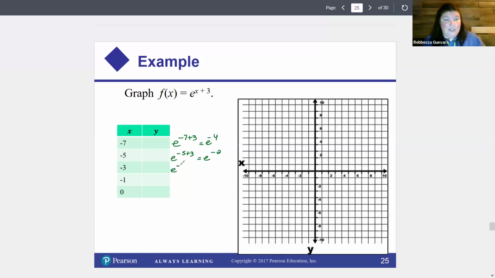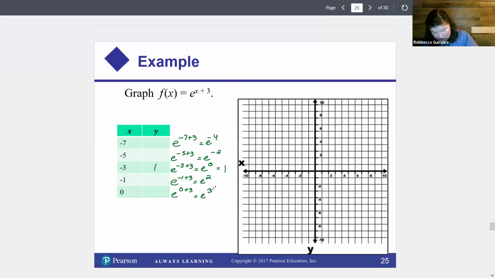Then we have -3, so -3 plus 3 is e to the 0, so this one we know is just 1. Then we have e to the -1, so that's -1 plus 3, so that is e to the second power. And then we have 0, so we have e to the 0 plus 3, sorry, I just lost my place for a second. That's going to be e to the 3rd.